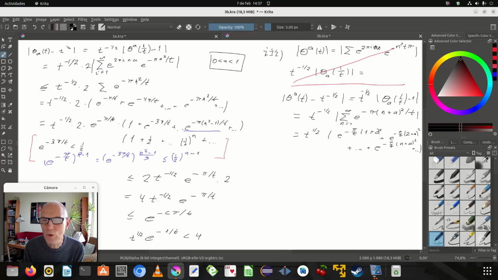We can make this smaller by choosing a equal to naught, because the square is always larger.